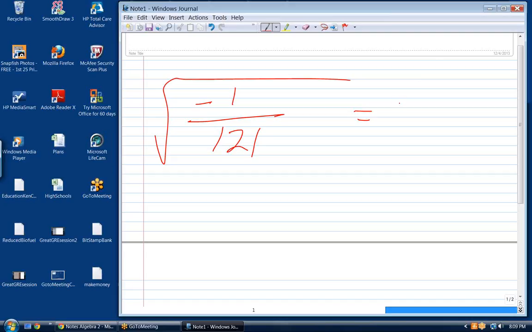Only there's an i. In other words, it's really the square root of -1 over the square root of 121. Square root of 121 is 11, but this is i. So you could say 1/11 i. Okay.